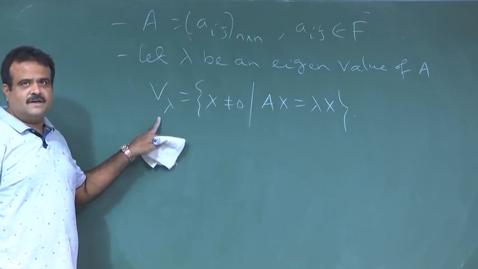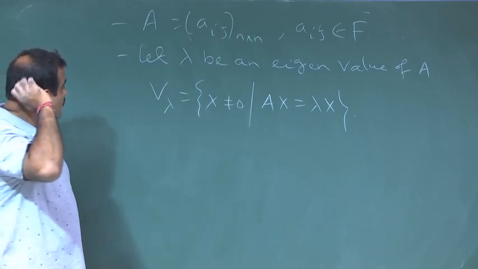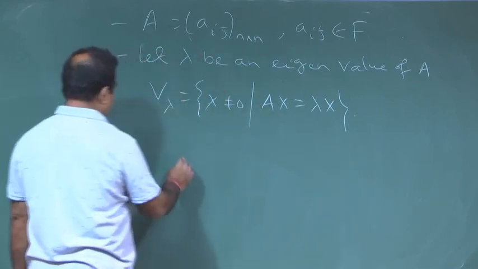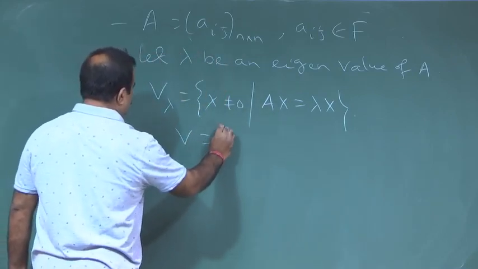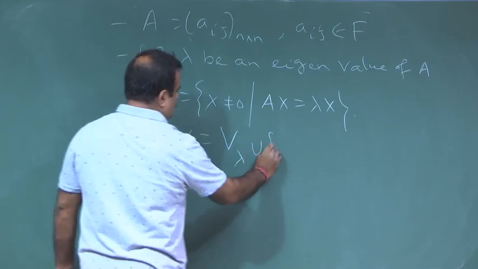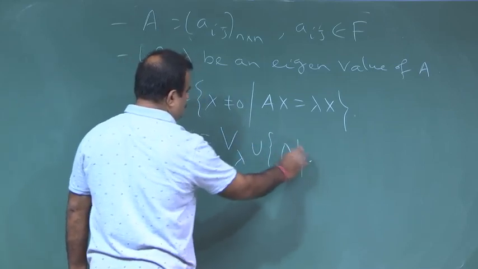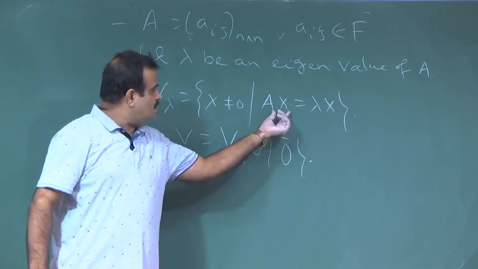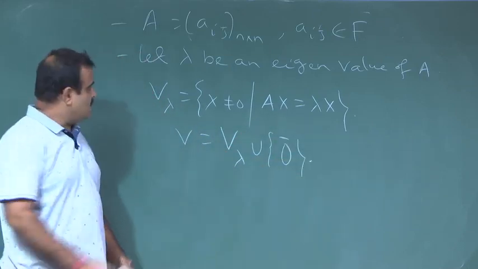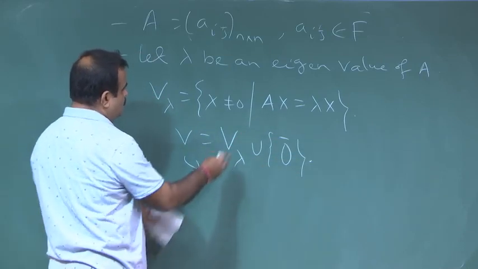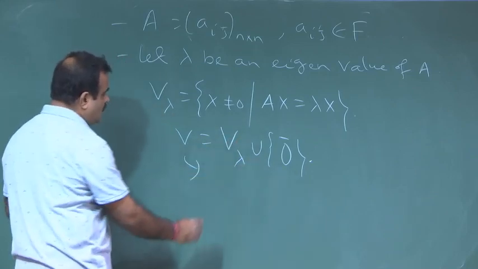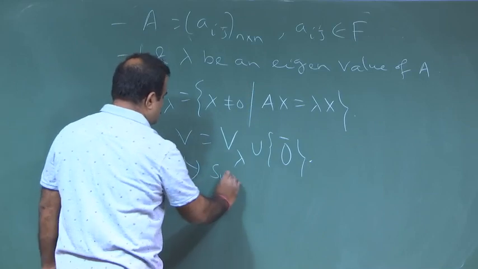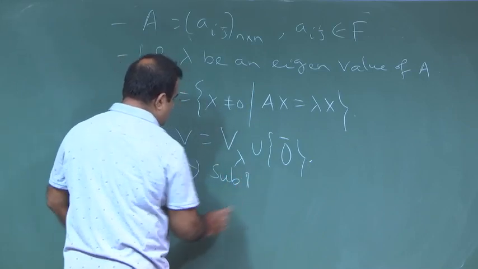This is an infinite set, we have seen. Now, if we add the 0 vector to this, because 0 obviously satisfies this, then this is a subspace, a vector space.